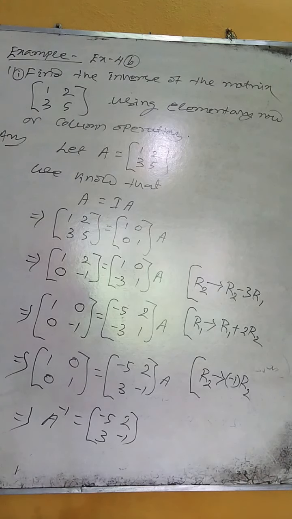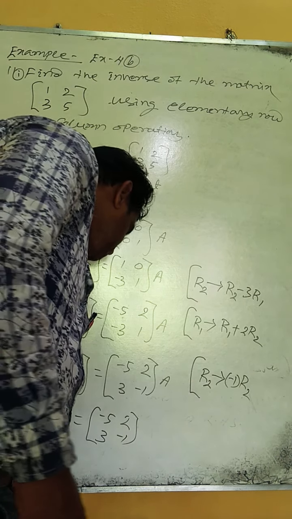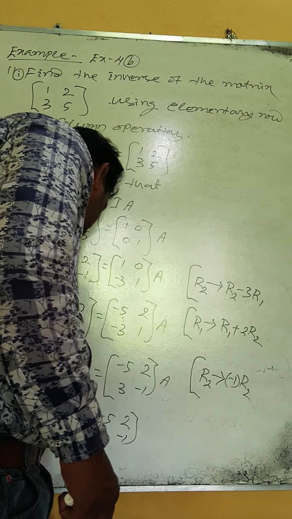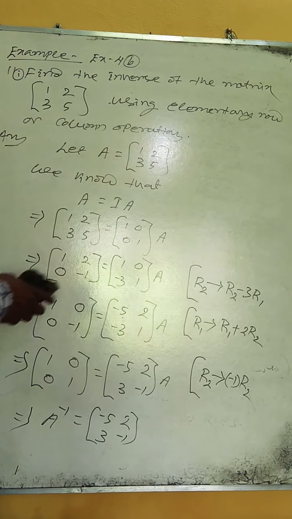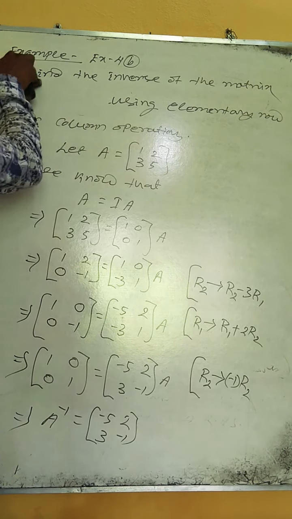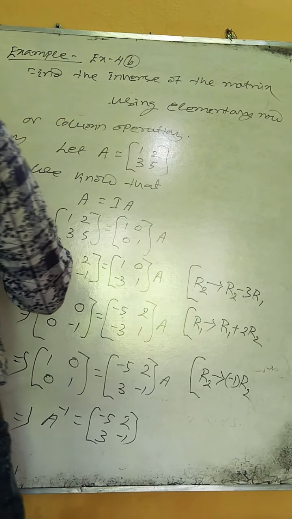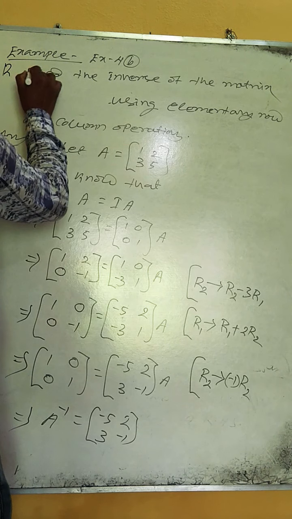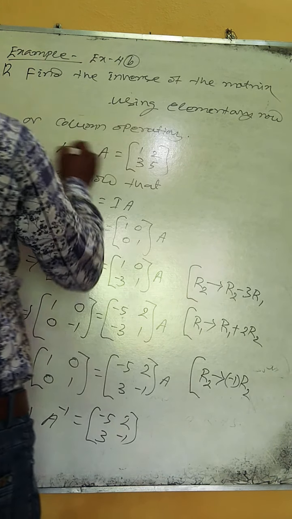Now take another example, the inverse of a matrix using row operations, a third order matrix from your exercise 4B number 12b.